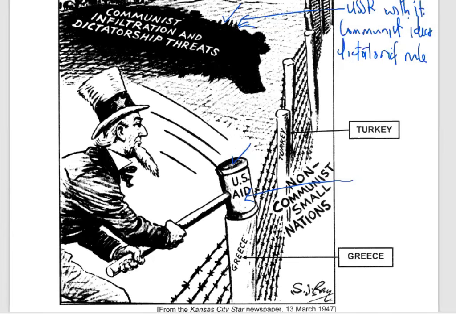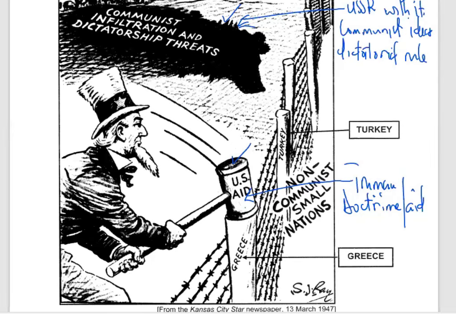So this pillar, where they have written US aid, is representing the Truman doctrine, or rather we can say the Truman aid. We understand that the USA wanted to reinforce the Truman doctrine on Turkey and Greece because they were vulnerable to attack by the advancement of the USSR and its ideology.